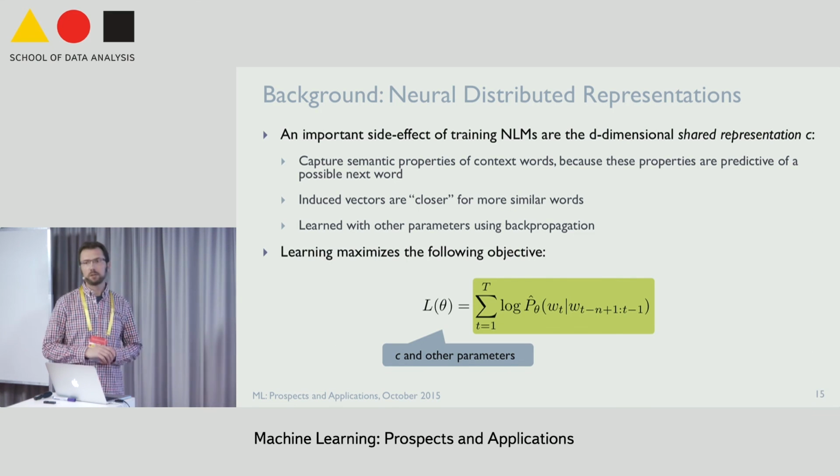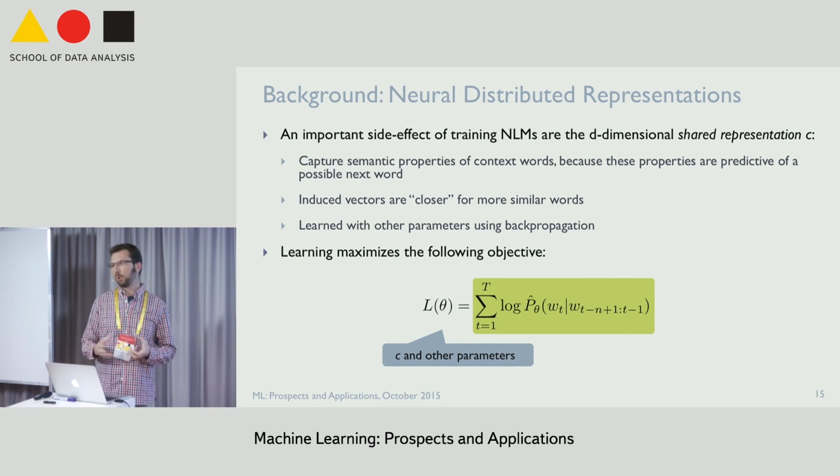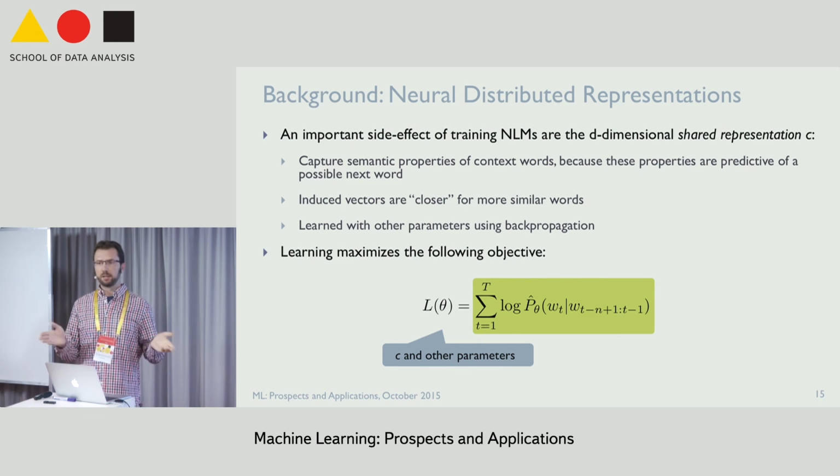An important side effect of learning these neural language models is that this d-dimensional representation C has the properties we're after. It captures semantic properties of context words because they tend to be predictive of the next words that are coming in sequence. And it tends to induce words that are closer to each other in the embedded space if they're similar to one another.